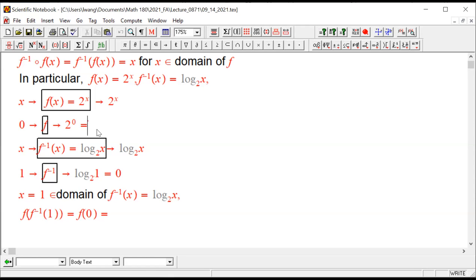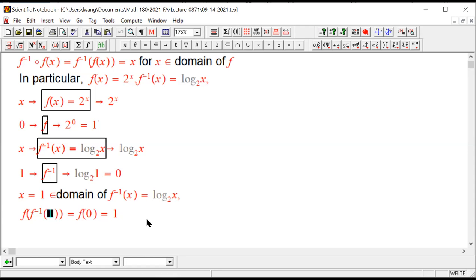Come on, guys. Is this too easy for you? No, I'm writing all this down. That's right, 1. So the answer is 1. You see that for input 1 from the domain of this guy, after these 2 machines, you get 1 exactly.